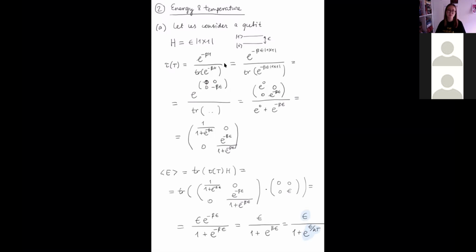Which makes sense, because if the temperature is much higher than the difference between two levels, then we would have no problem bringing the state from state 0 to state 1.